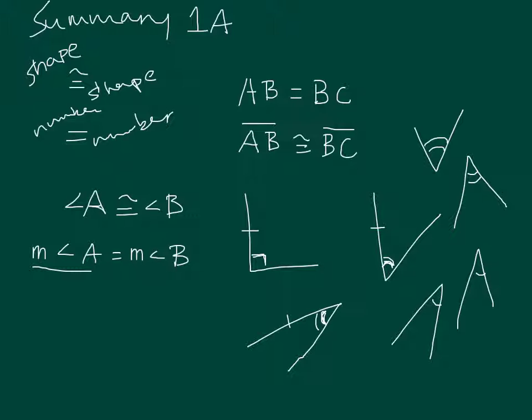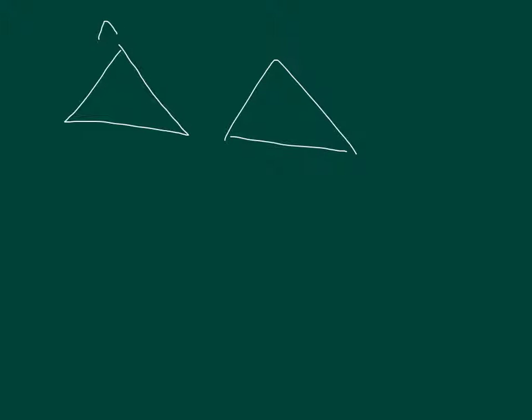And you also have to pay attention to the order of the letters. Let's say we have triangle ABC and triangle DEF. You can say triangle ABC is congruent to triangle DEF.